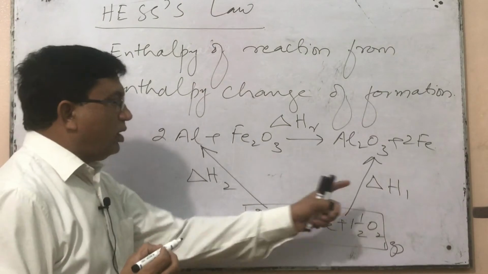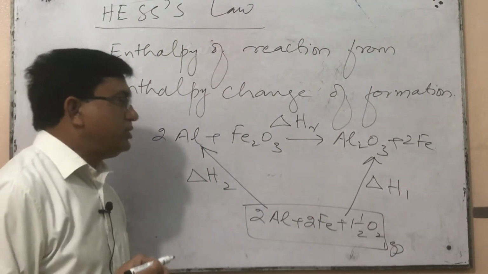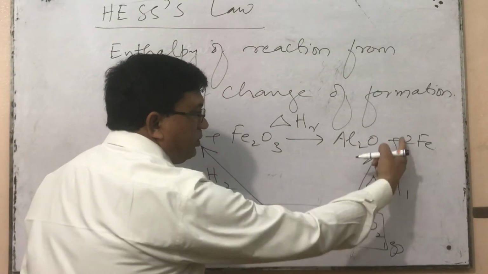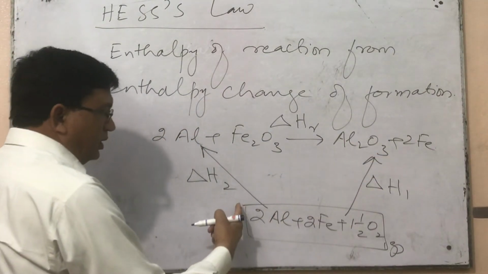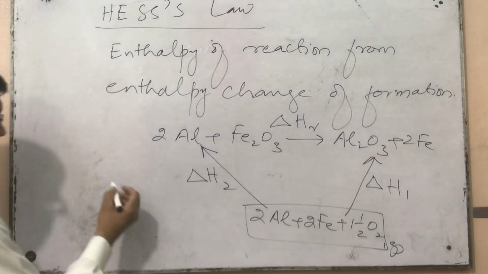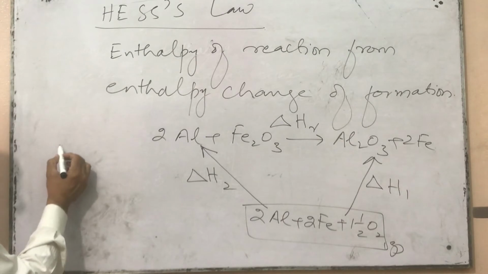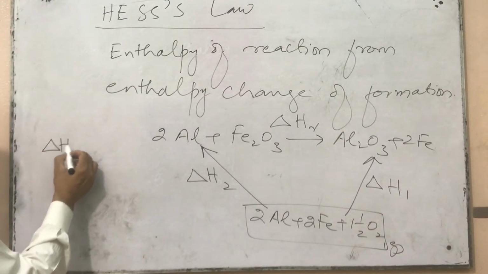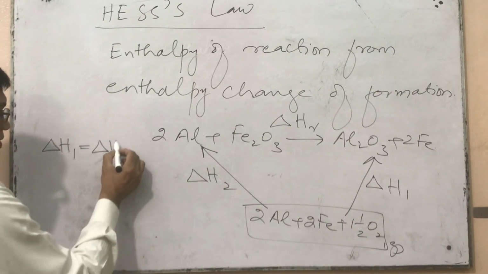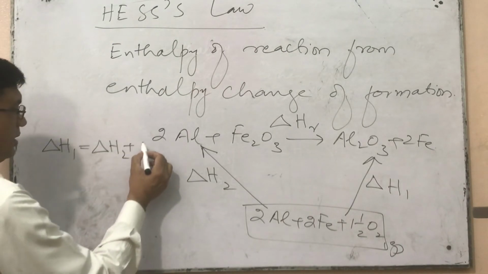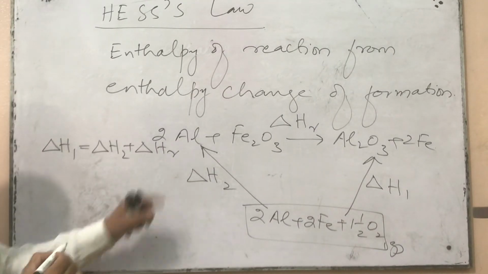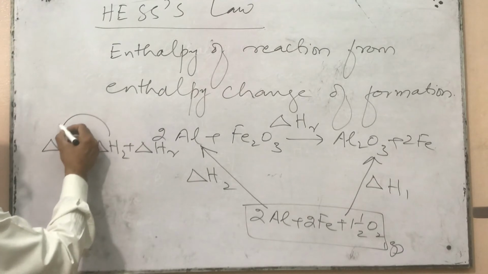Now if we want to calculate enthalpy change of reaction according to Hess's law, the enthalpy change during a direct route is equal to the sum of the enthalpy change of the indirect route. For example, according to Hess's law, the formula will become delta H1 is equal to delta H2 plus delta HR.